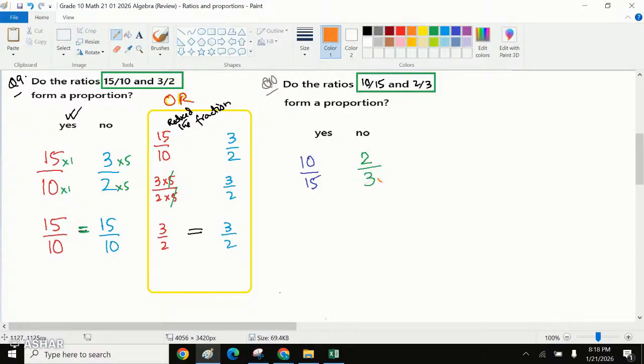Can we multiply it by 5 to make the same denominator? Multiply by 1 times 1. 10 multiplied by 1 is 10. 15 multiplied by 1 is 15, right? 2 multiplied by 5 is 10. And 3 multiplied by 5 is 15.